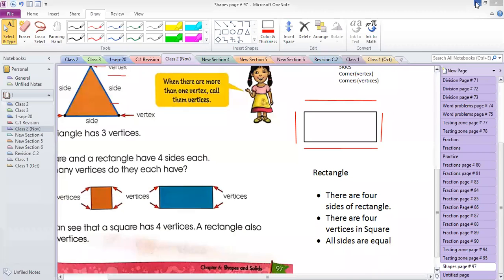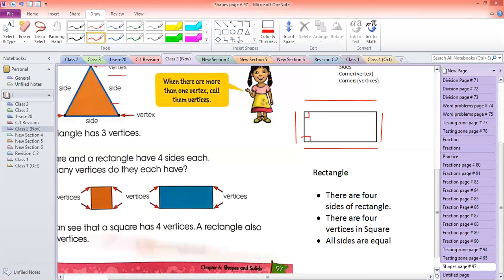Now, if I ask you how many corners or vertices there are, you will check. Let me ask, how many vertices are there in a rectangle? Four. Very good. So you can write there are 4 vertices. Look at this one and this one. This is vertex 1, vertex 2.